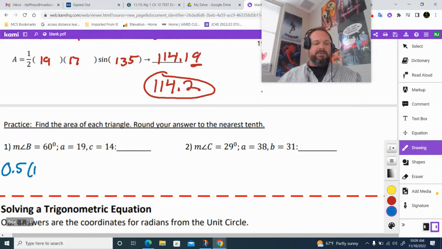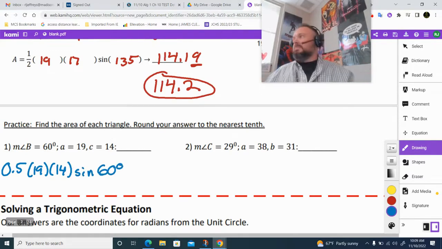Our two sides are 19 and 14 and the sine of 60. Okay. Because I'm given two sides and an angle. Have y'all noticed a pattern this week? It's like, oh, this is what you do. You plug this in here. Interesting. Very, very interesting.